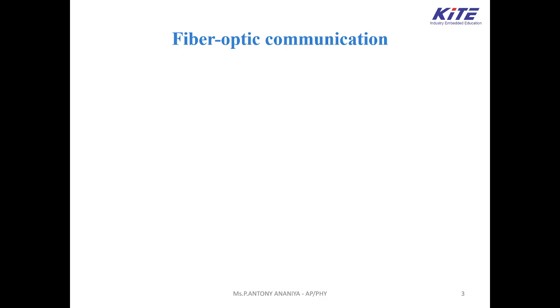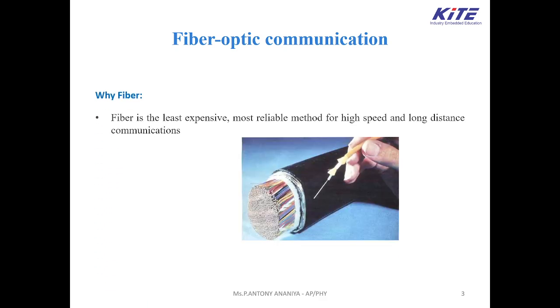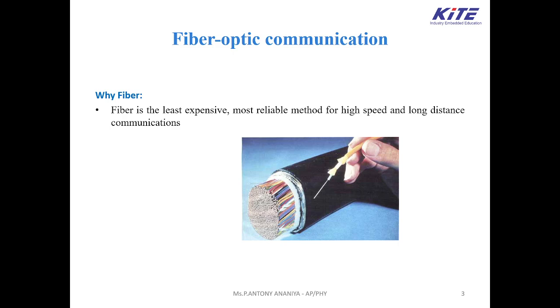The light forms an electromagnetic carrier wave that is modulated to carry information. And why fiber? Fiber is, as we know, the least expensive, most reliable method for high speed and long distance communications.